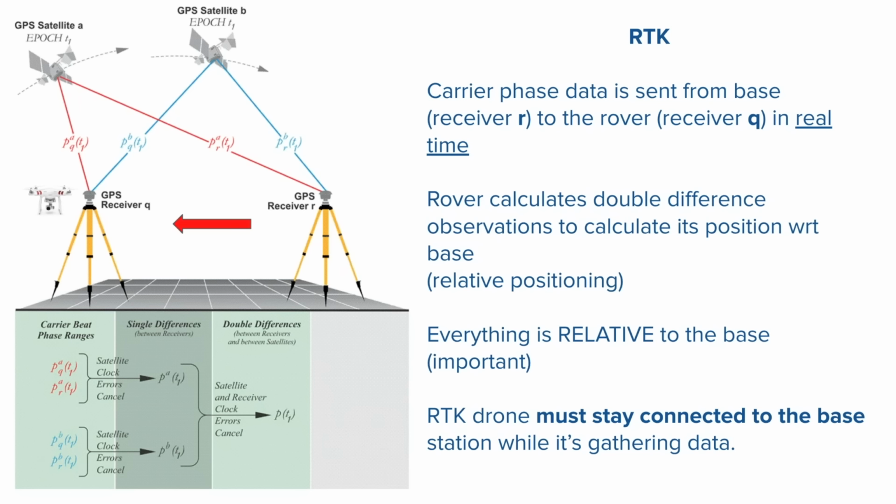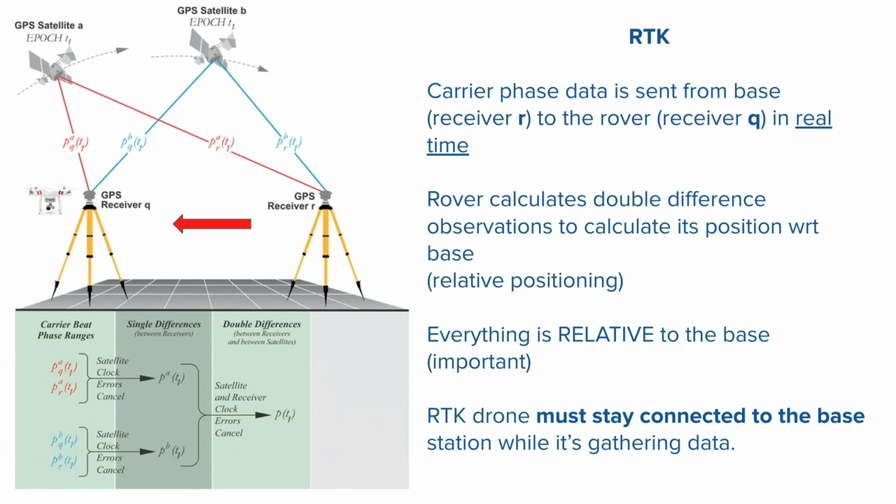With RTK, the base station is sending those observations via a radio link to the rover. The rover gets those observations and calculates the solution based on the base observations. It uses a double difference measurement, and it calculates its position relative to the base station.